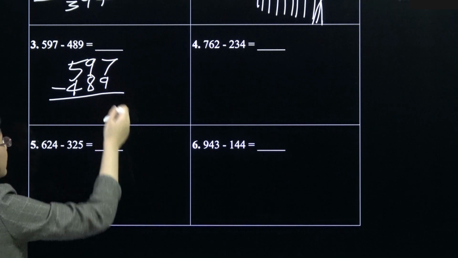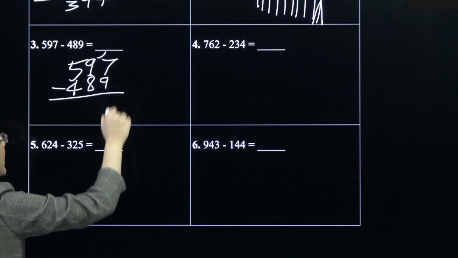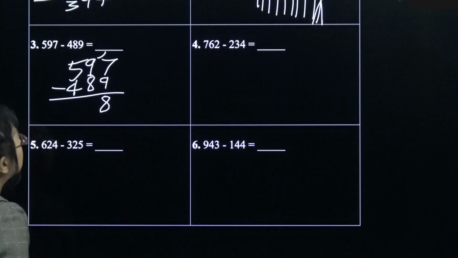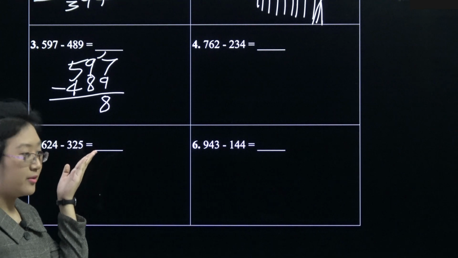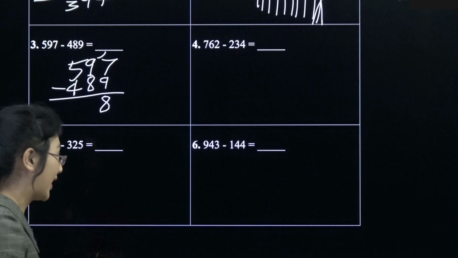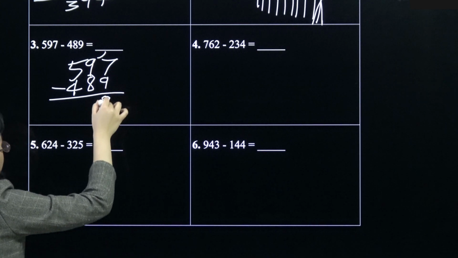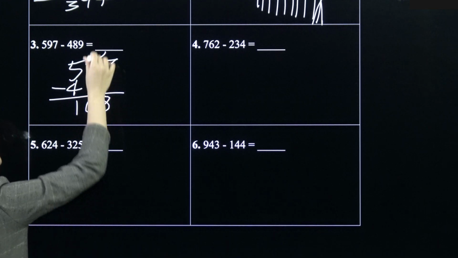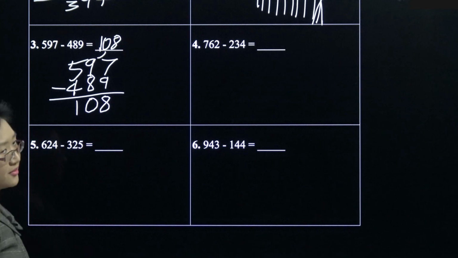And then we borrow, regroup the 10, and we get 17 minus 9, which is just, well, 8. And since 9 got 1 regrouped away from it, or borrowed, or taken and never given back, we get, well, 8 minus 8, 0. 5 minus 4 equals 1. 108 is the answer to that question.